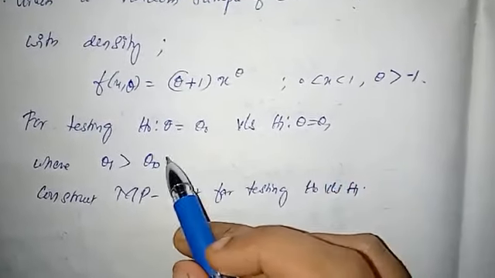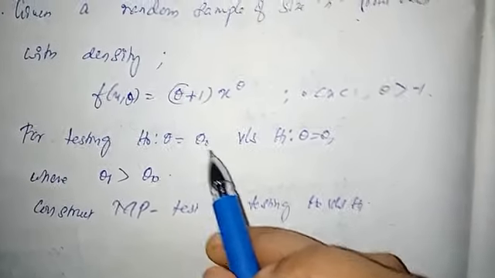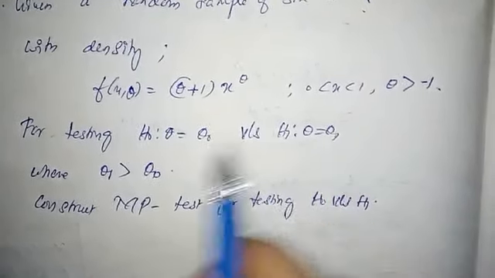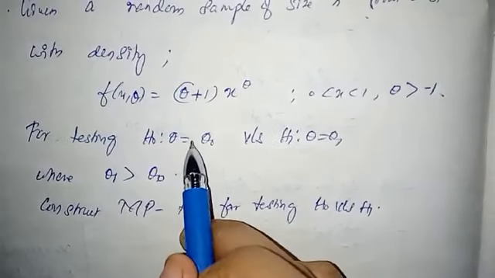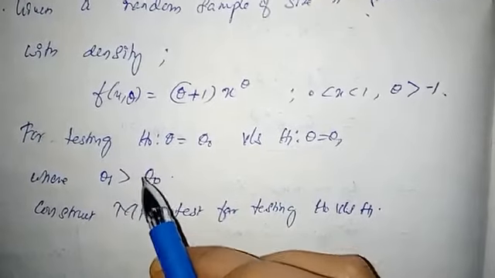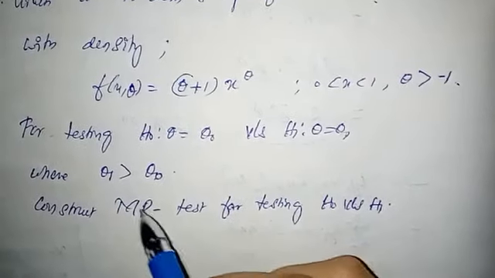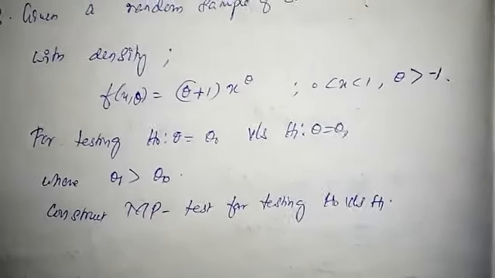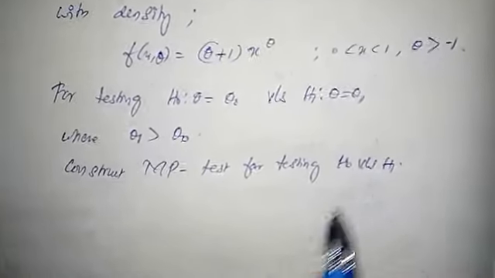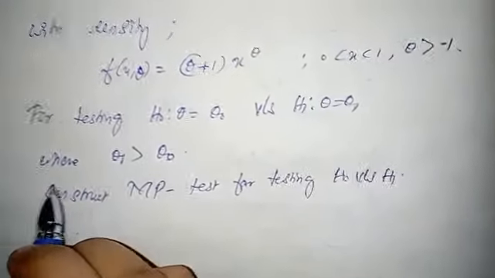For testing h naught theta equal to theta naught versus h1 theta equal to theta 1, where theta 1 is greater than theta naught, construct the most powerful test. So here also we have to take the likelihood ratio, then obtain the most powerful test.